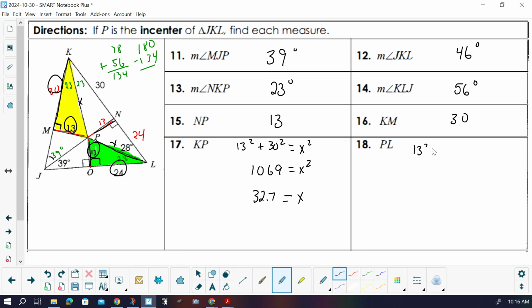So 13 squared plus 24 squared equals the hypotenuse I'm trying to find. If I do that, I get 745. Take the square root of both sides, and we get x. We have to round it to the nearest tenth, and it comes to 27.3. And that's problems 11 through 18 on page 17.